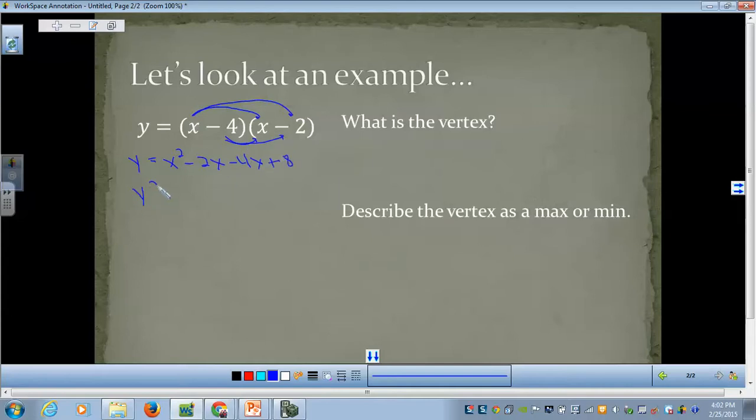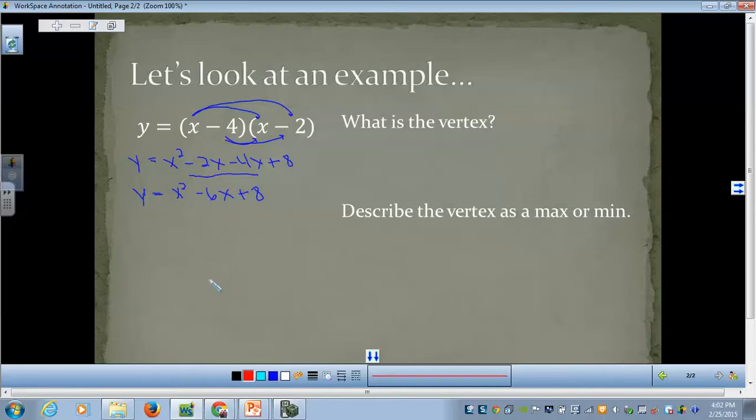Let me go back and erase that. I was in a bit of a hurry there, so that's not a y squared. That is just a y, and that's going to equal x squared. Once again, we have like terms in the middle, so we're going to combine those: minus 6x plus 8. By distributing and combining like terms, we are now in standard form.